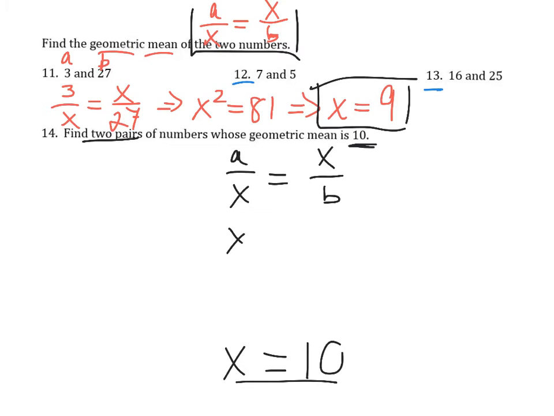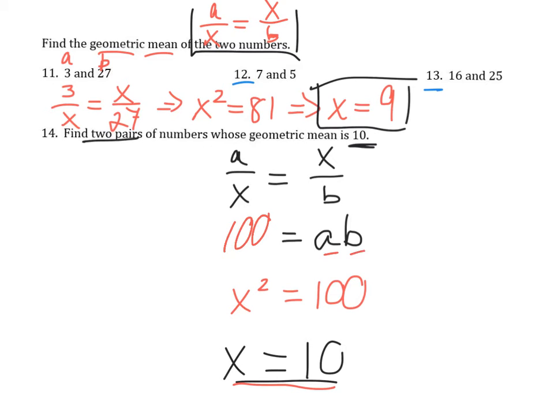So remember, I'm going to cross multiply. X squared equals A times B. Well, if X is 10 down here, that means that X squared equals 100. So essentially what I'm just asking is, if I replace this with 100, what two numbers can I multiply together that would give me 100?